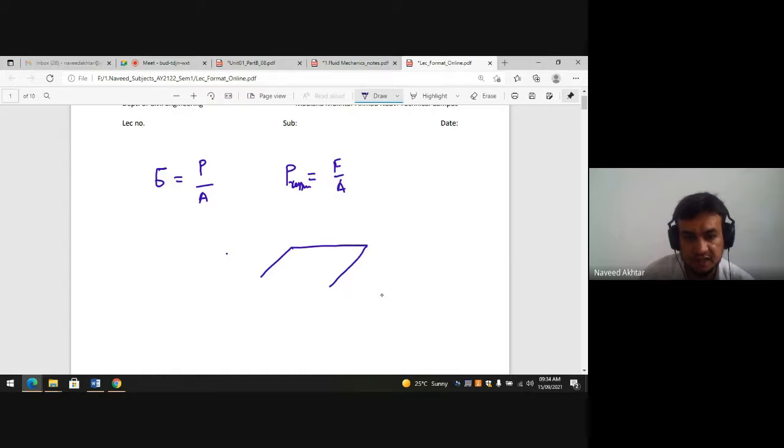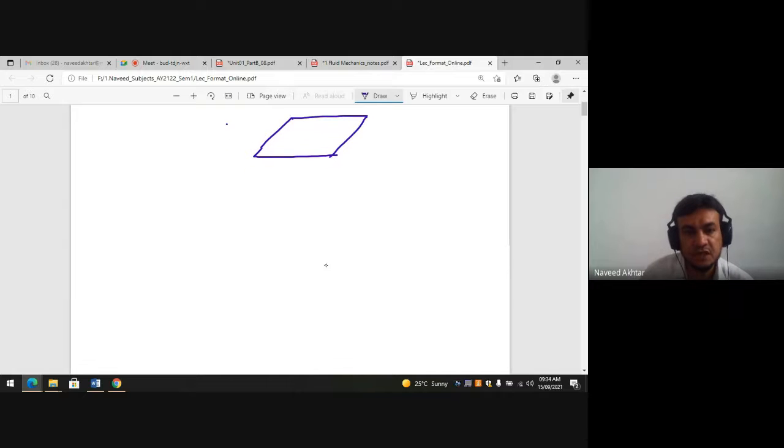Okay. So that element, the small part, I'll show you in the three-dimensional element. So this fluid element, we describe here delta x in x direction, delta y in y direction, and delta z in z direction.